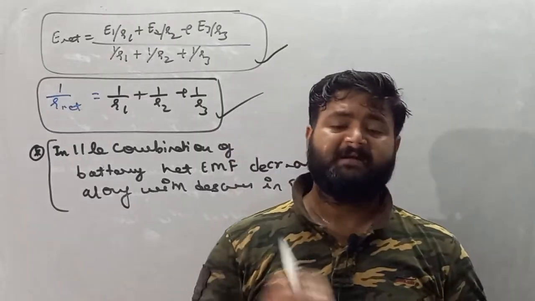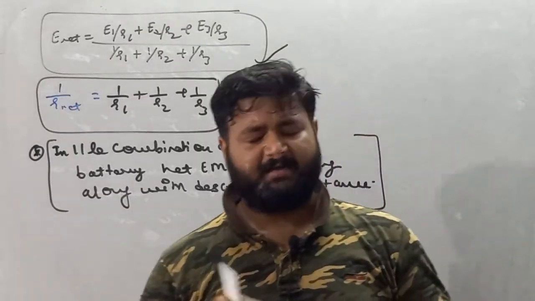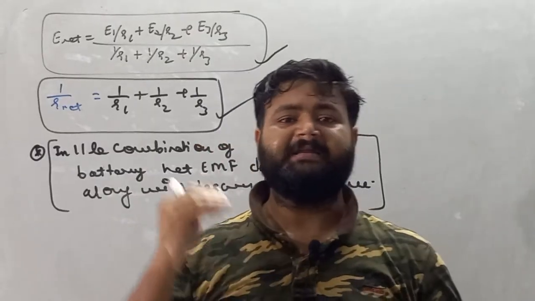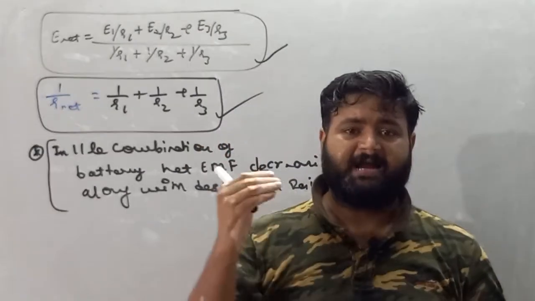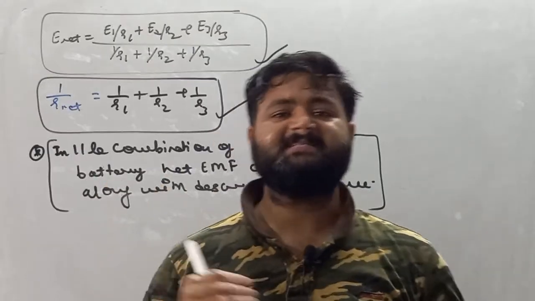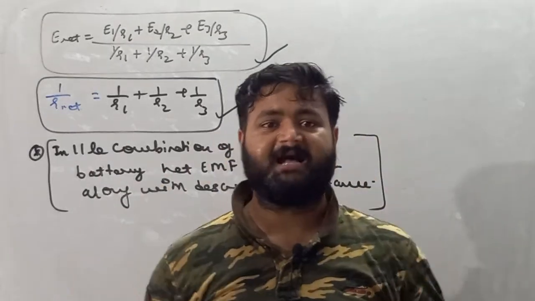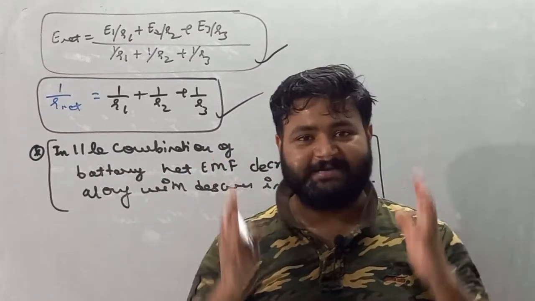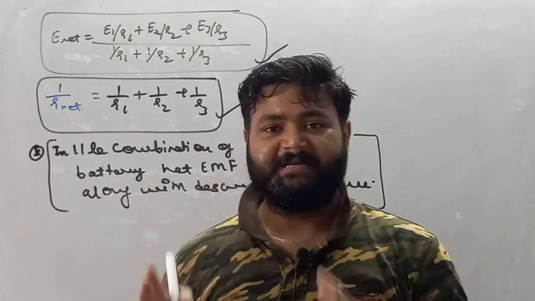Series combination increases the potential of the circuit, and parallel combination decreases the resistance of the circuit. So this is how we have to understand battery combination.